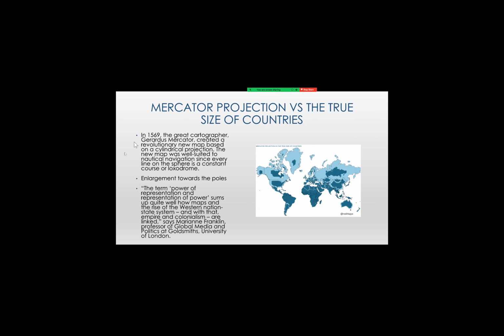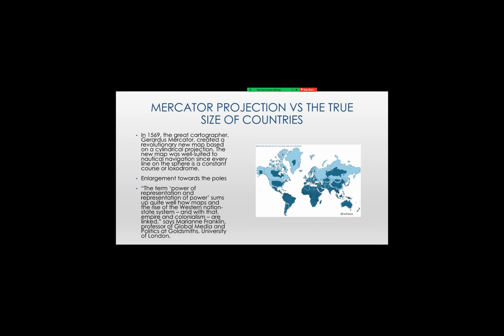However, in order to create the cylindrical projection on the map, he had to enlarge the continents going up towards the pole. So what we get is the dominant Western societies rendered much larger than what they are. If you look at this particular graphic, you see that the darker blue is the actual size of these continents.